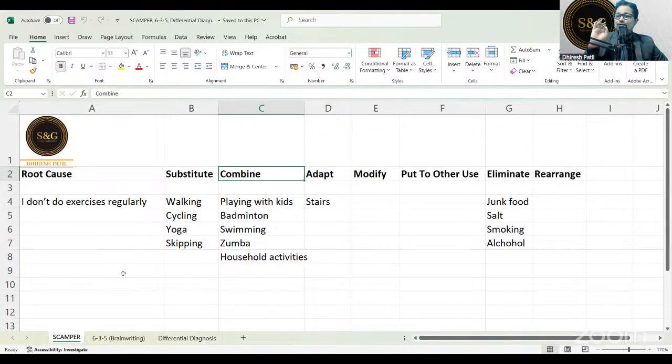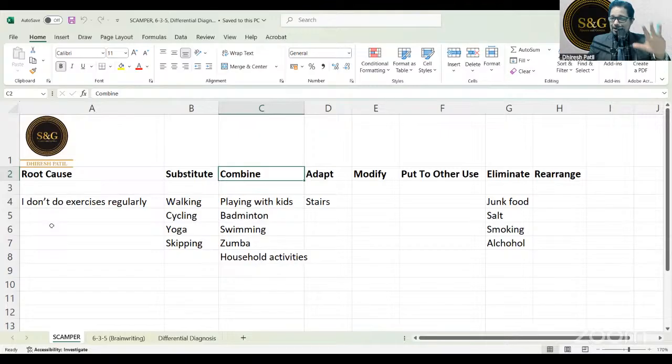If you are in your early 20s, you might think exercise is not for me, I'm very young, I don't require exercise. Or on the other spectrum, if you are in your late 50s or early 60s, you might feel that exercise is for the young people, not for me. So on both spectrums, exercise is for everybody, including me.